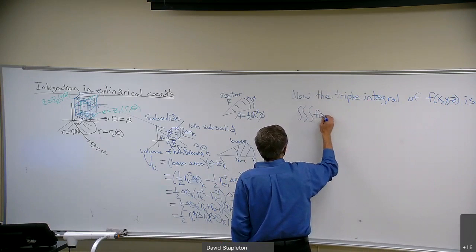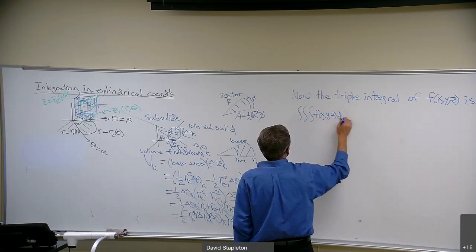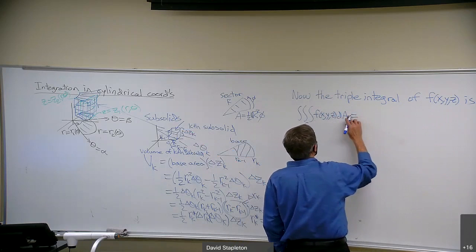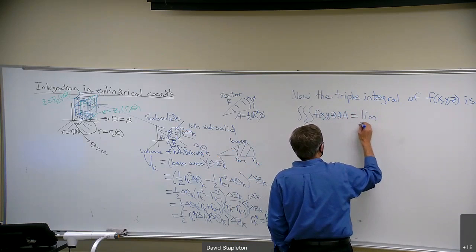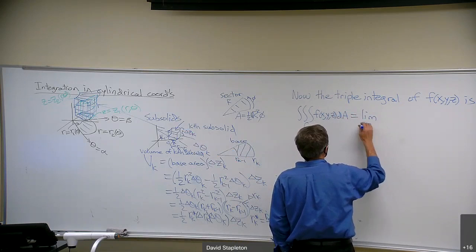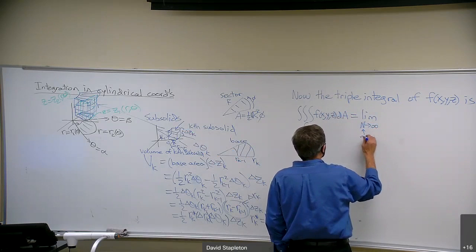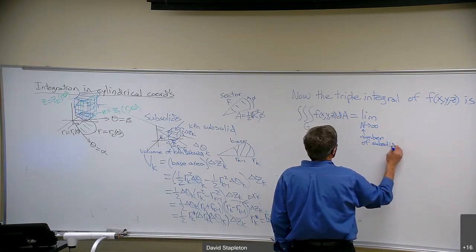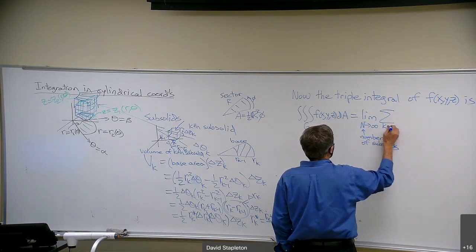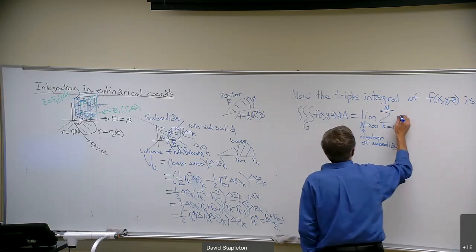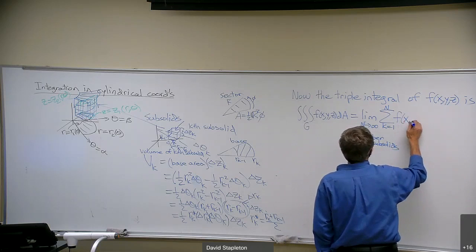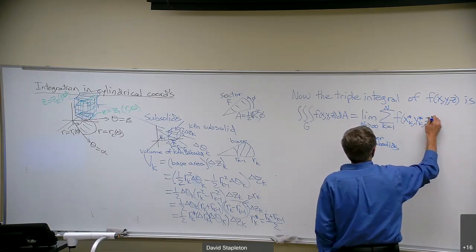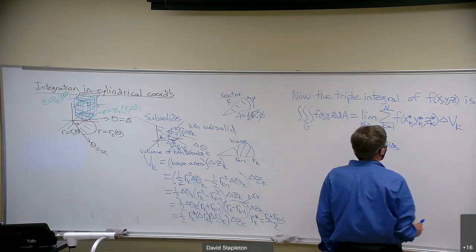We'll have this notation: the integral over the solid G is going to be the limit as the number of solids goes to infinity, let's call it capital N, I guess it doesn't matter, number of subsolids, of the sum k equals 1 to n of f of any intermediate point xk star, yk star, zk star in the kth subsolid times delta Vk, just like we do with rectangular coordinates, right?